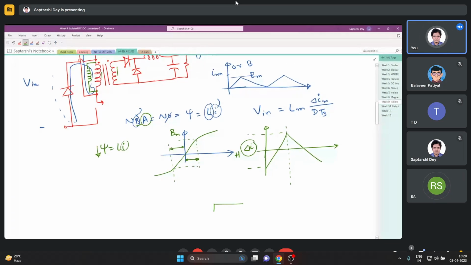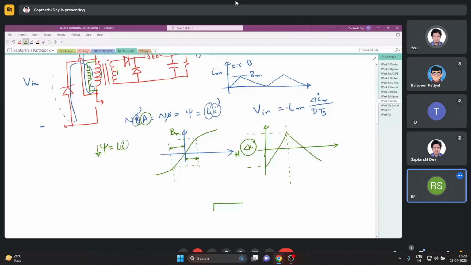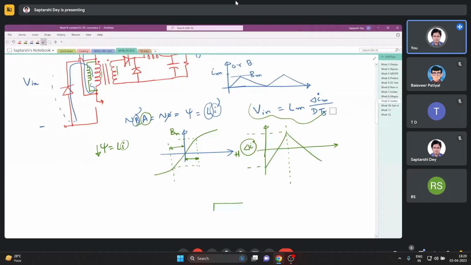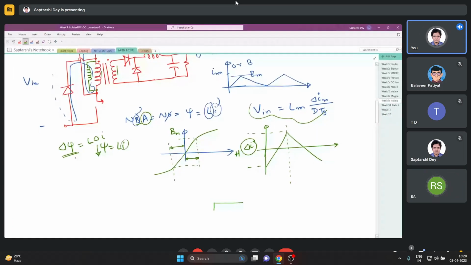If you keep it common, then this equation remains the same. Say I am operating at same duty ratio, same LM and everything, same voltage. For the same delta I, my delta psi is also the same, because delta psi is L times delta I.